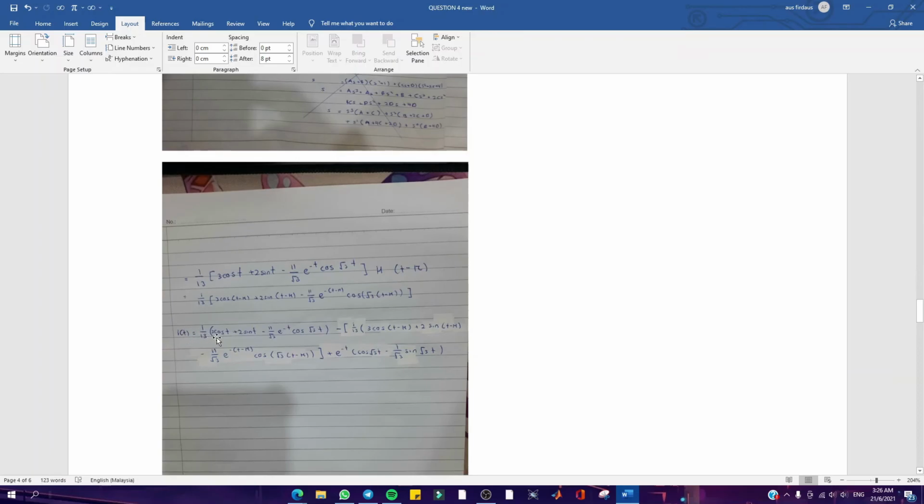So we can get the i(t), the last answer is here: 1 over 13 open bracket 3 cosine t plus 2 sine t plus 11 over root 3 e to the power negative t cosine root 3 t close bracket, minus open bracket 1 over 13 open bracket 3 cosine (t minus pi) plus 2 sine (t minus pi) minus 11 over root 3 e to the power negative (t minus pi) cosine root 3 (t minus pi) close bracket, and then last is e to the power negative t open bracket cosine root 3 t minus 1 over root 3 sine root 3 t close bracket.